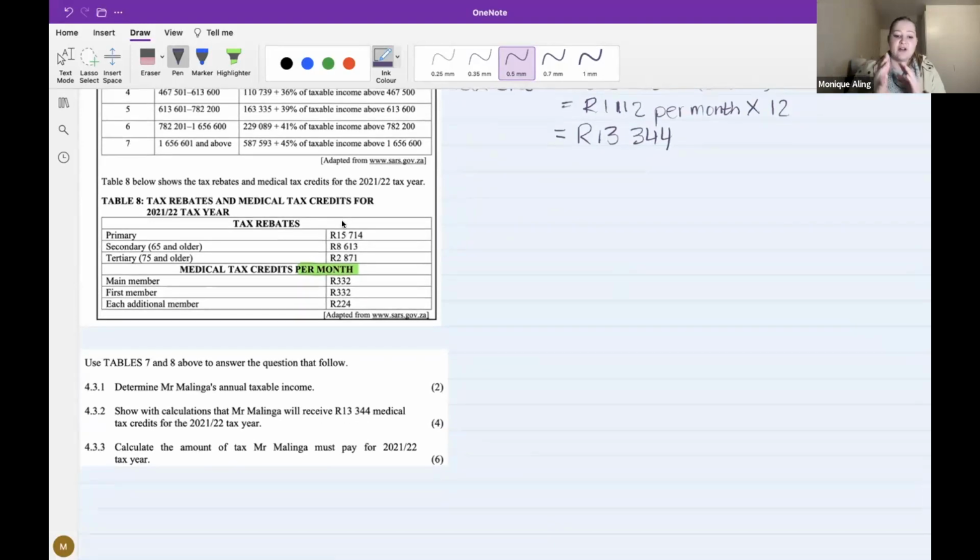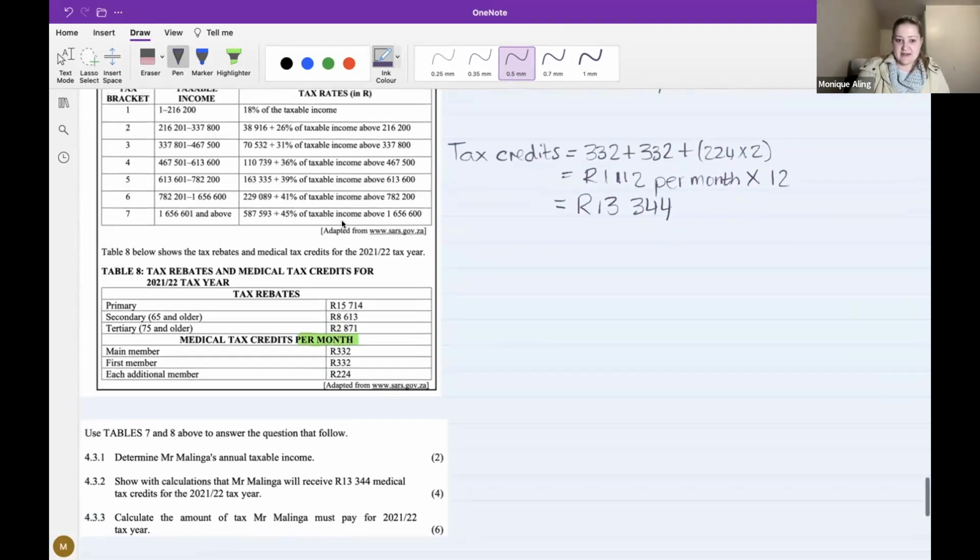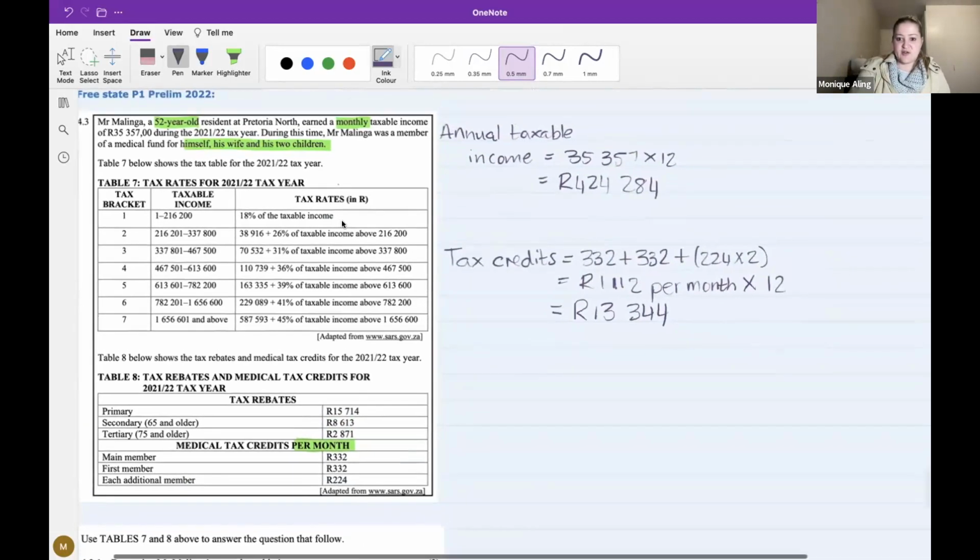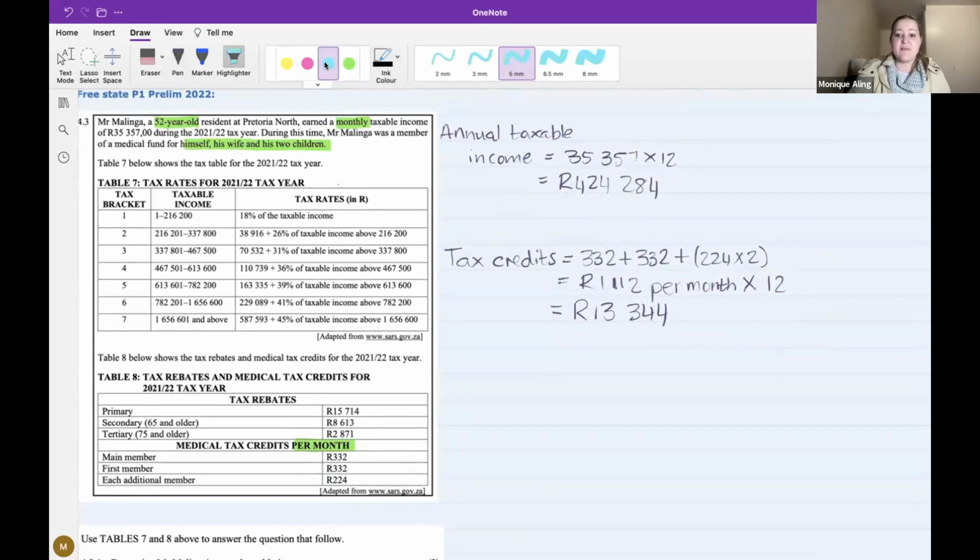Now, the last question, calculate the amount of tax Mr. Malinga must pay for the 2021-2022 tax year. Okay, so we know his annual taxable income is 424,284. So we need to determine which tax bracket he falls into.